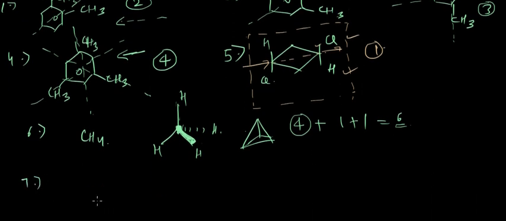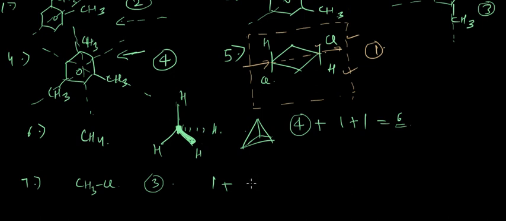Okay, so the 7th example is, how many planes are there which dissect this? So the correct answer would be 3. How? From the chlorine atom, 1 can pass in a tetrahedral, and we have 3 remaining hydrogens.